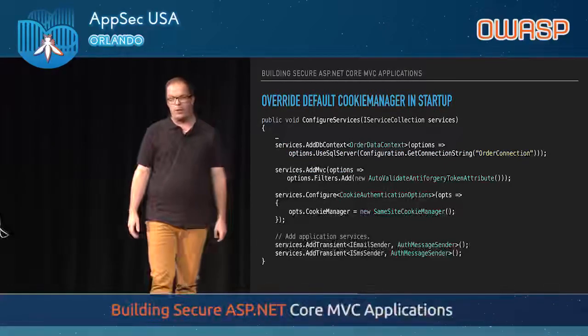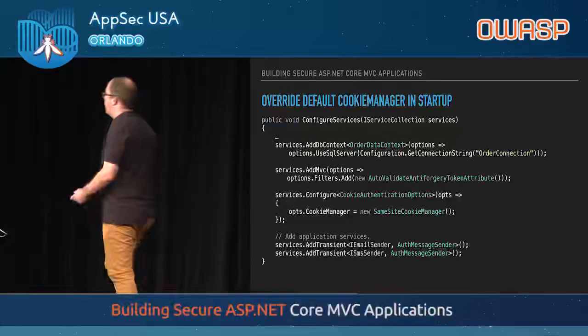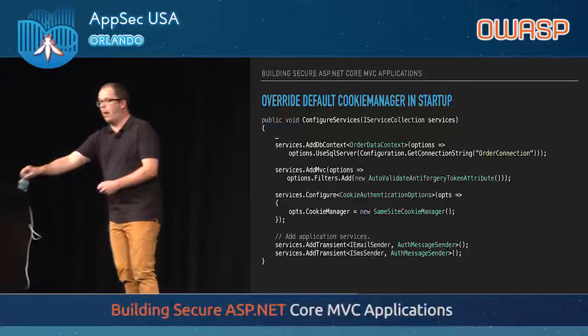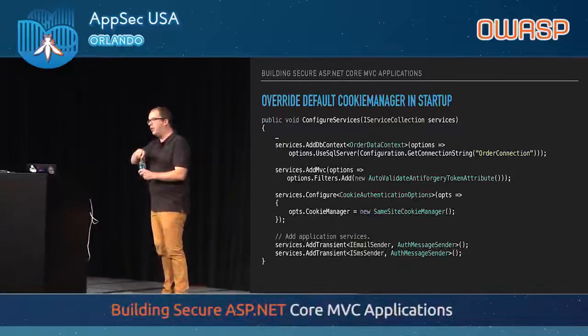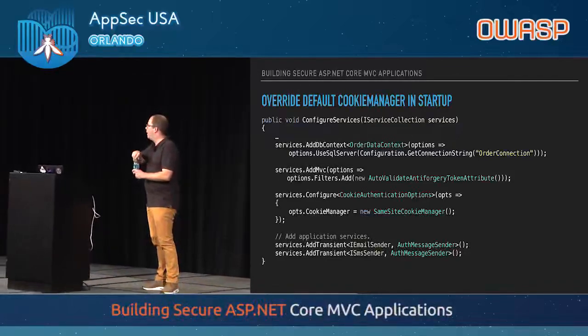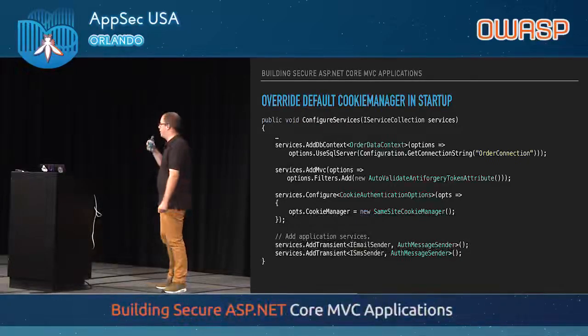So how can we use same-site cookies inside of MVC Core? The nice thing is that it hooks up a whole pipeline, and in that pipeline, as I mentioned, there's DI happening, and you can do a lot of configuration. By configuring the service for cookie authentication options, we can override the cookie manager that's used.